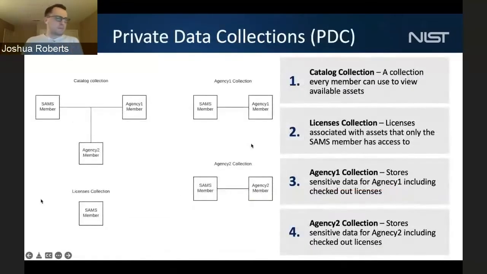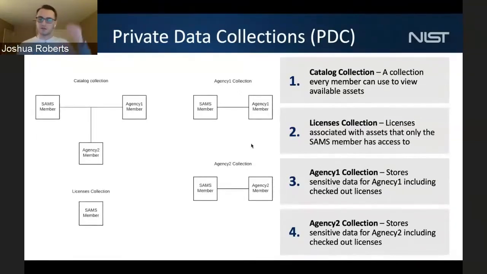The second aspect of our architecture is the use of private data collections, which is a Hyperledger Fabric construct. Private data collections are basically a way to store sensitive data on a ledger with several agencies joined, but restrict who has access to that data.